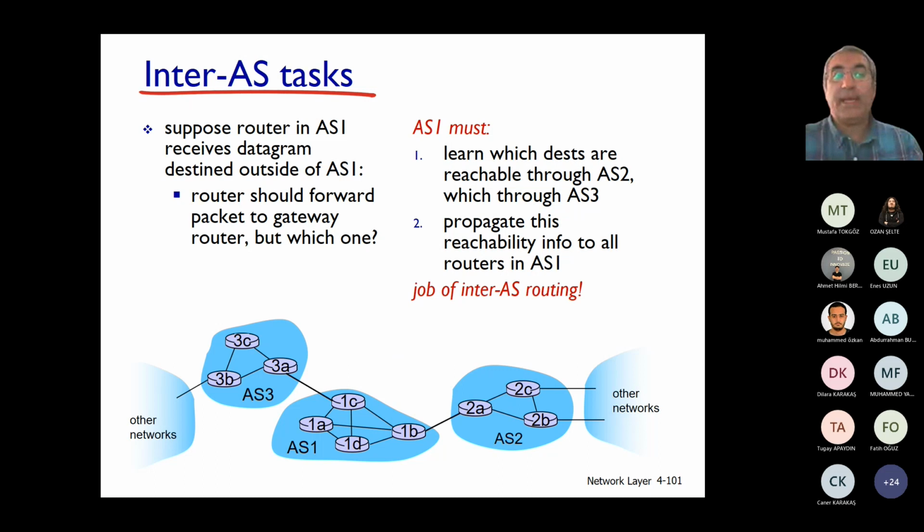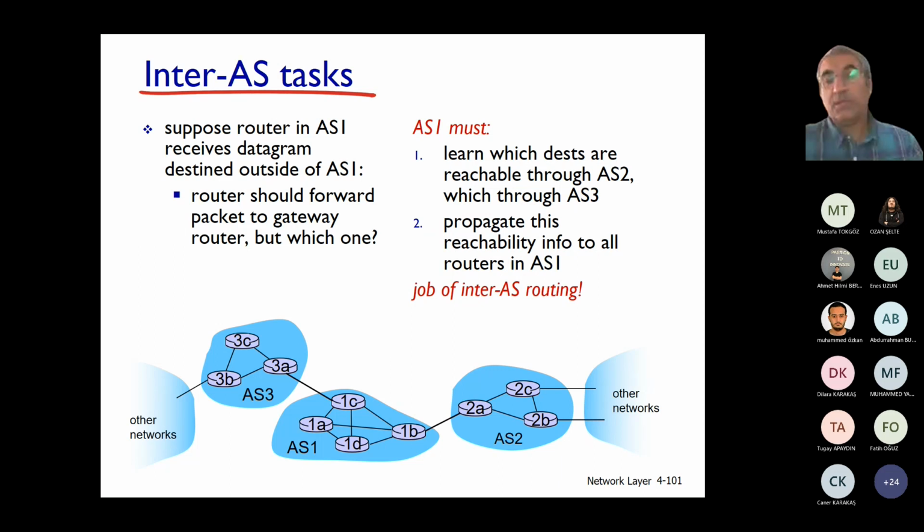Let's look at the inter-AS task. Again we have 3 ASs, and assume that a router in AS1, let's say 1D, receives a datagram destined outside of AS1.